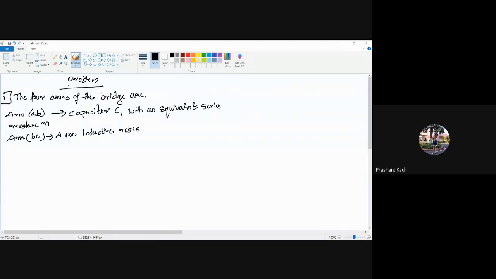Yes, sir, it is audible. Even if you didn't understand my handwriting, you can hear my voice. With the pad, it is difficult to write properly. So arm BC is a non-inductive resistance R3. Next is arm CD, a non-inductive resistance R4.